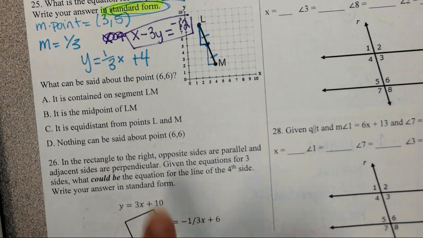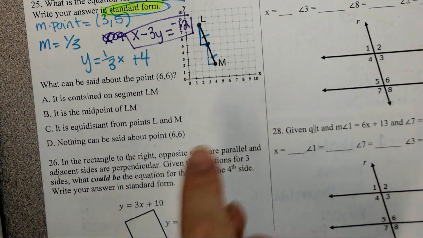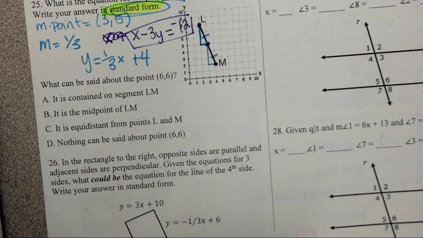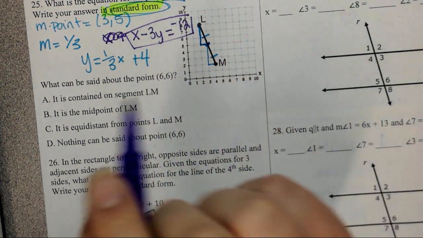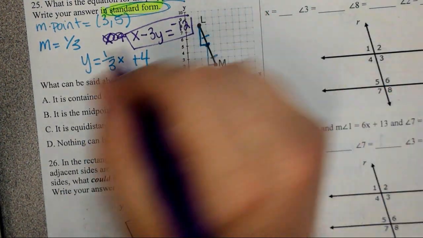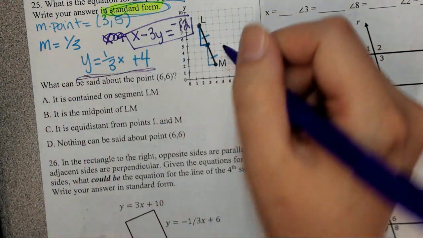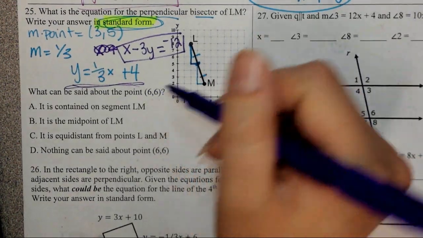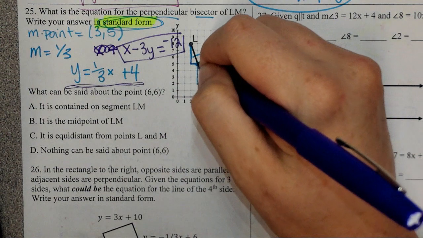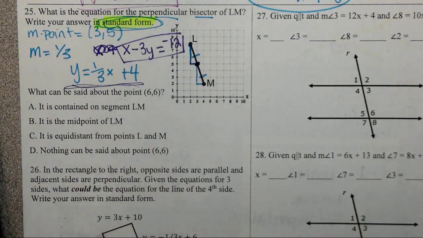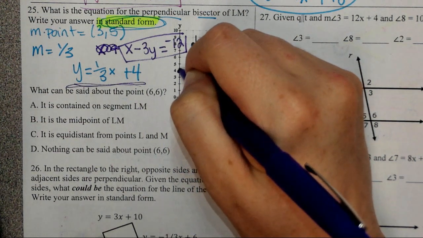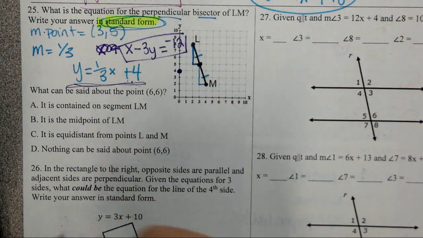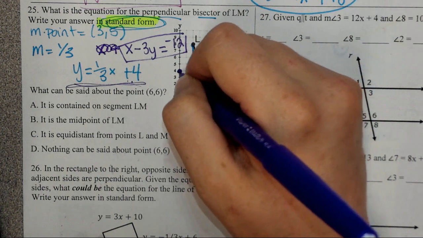Okay, what can be said about the point 6, 6? All right, so I have a feeling that this question has to do with the perpendicular bisector theorem, which makes me think that it would be a good idea for us to plot this perpendicular bisector on the graph. So if we're going to plot this, it starts at the midpoint. We know it has a y-intercept of 4, and it has a slope of 1/3.